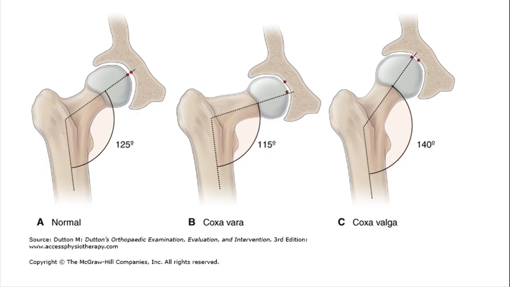Okay. Now, what is coxa vera and coxa valga? This is coxa norma, in which the neck shaft angle ranges from 120 to 135 degrees. Now, if it is less than 120 degrees, it is called coxa vera, whereas if it is greater than 135 degrees, it is called coxa valga.